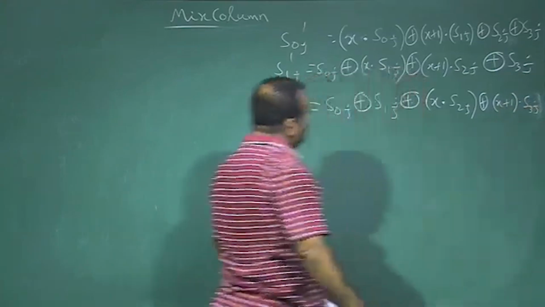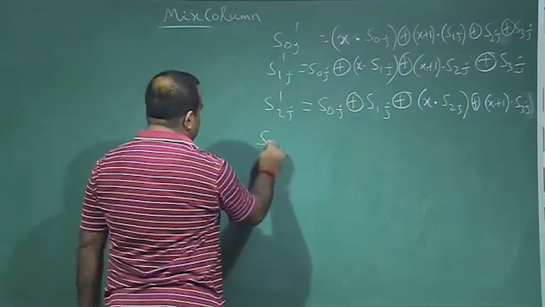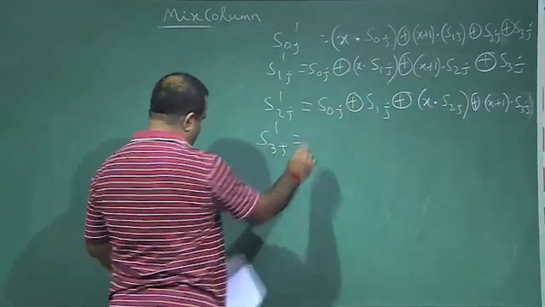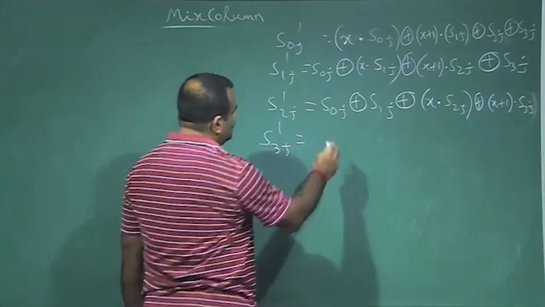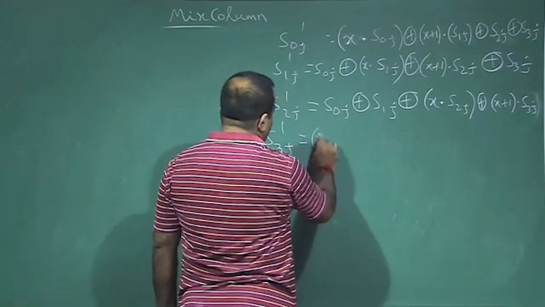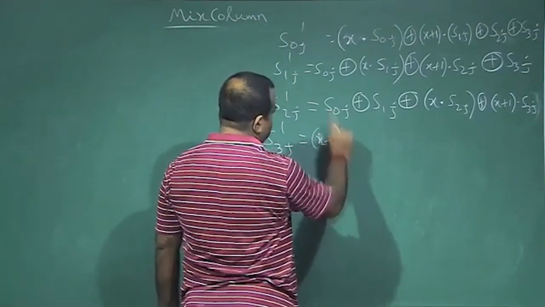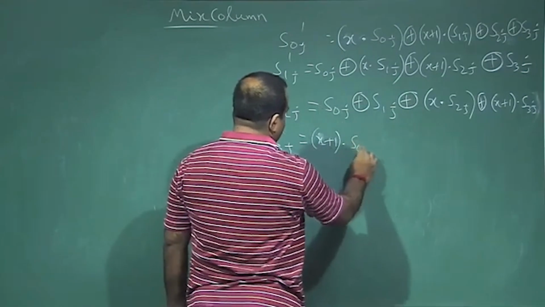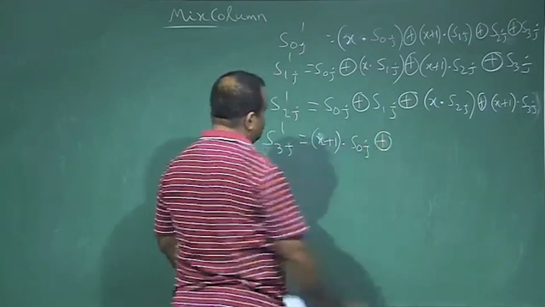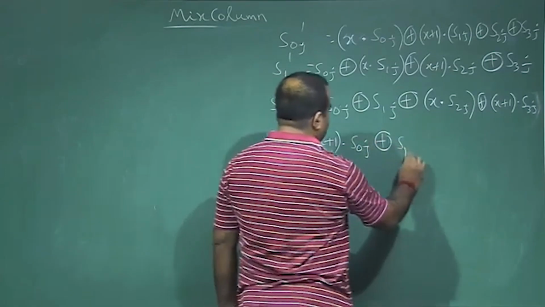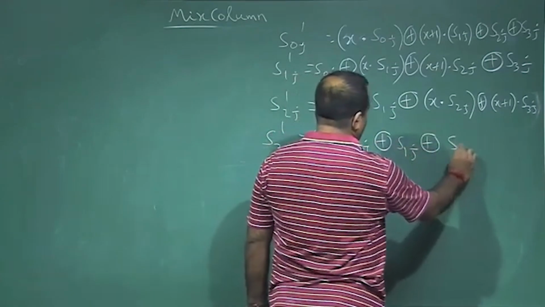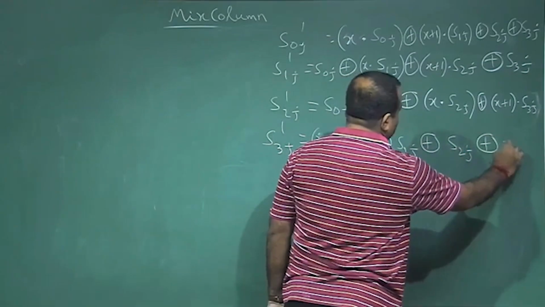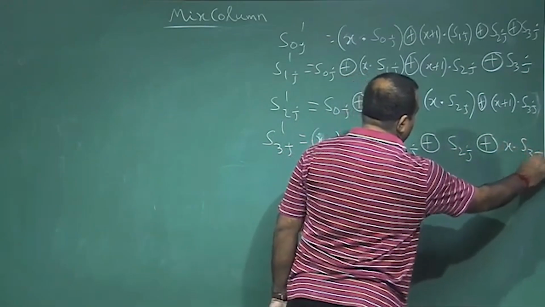Okay. Then again the last one is, symmetric, x plus 1 into S0j XOR with S1j XOR with S2j XOR with x into S3j.